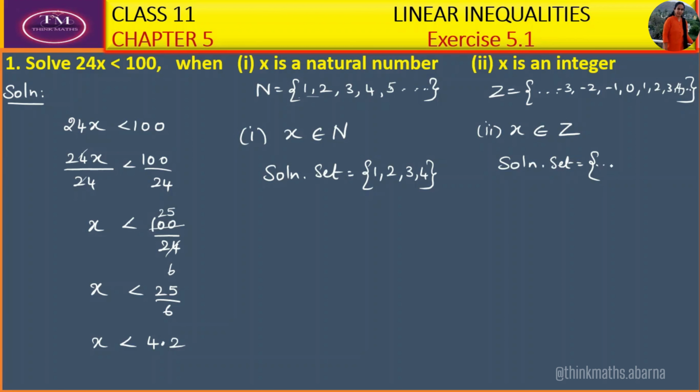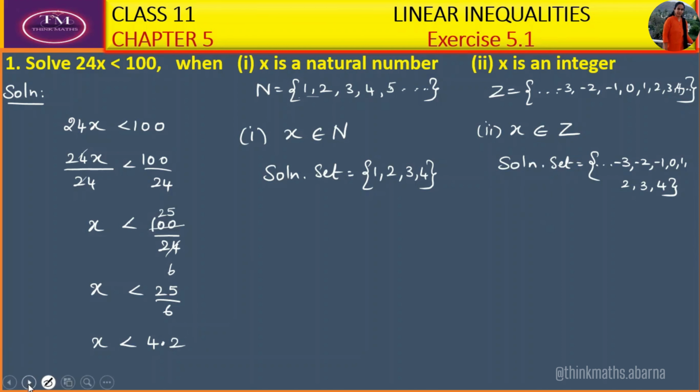So the solution set is minus 3, minus 2, minus 1, 0, 1, 2, 3, 4. So these are the values it takes. So all the negative values, 0, and in positive we have 1, 2, 3, 4. After that it will be greater than 4.2. So this is the solution set for the two parts.